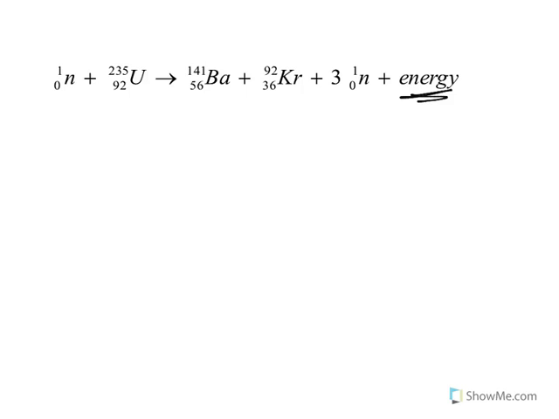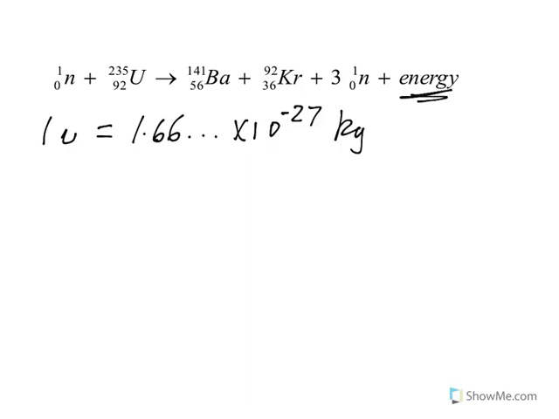So in your notes, it talks about atomic mass units. So one atomic mass unit is the mass of one proton, and so that saves us. And so 1 u is equivalent to 1.66 times 10 to the minus 27 kilograms.